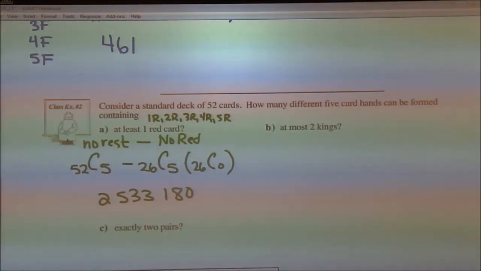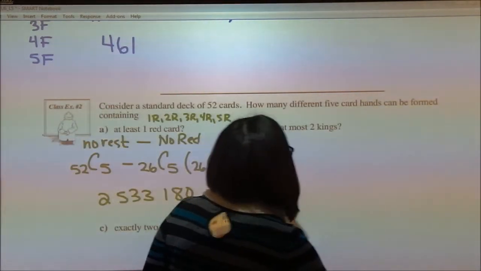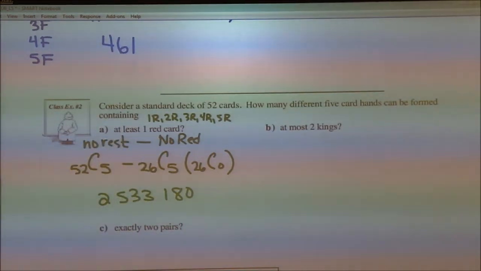I'll write it down. Okay. So then B is at most 2 kings. So what does that mean? You have 2 kings, 1 king, or 0.